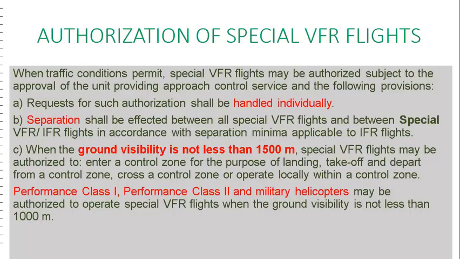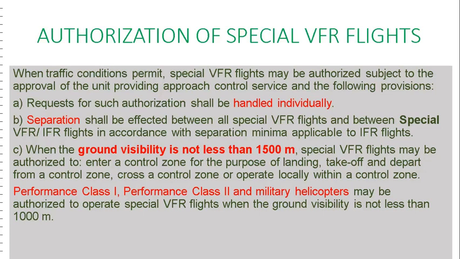When traffic conditions permit, special VFR flights may be authorized, subject to the approval of the unit providing approach control service. Earlier I mentioned that the aerodrome control tower itself cannot authorize you to operate as a special VFR flight. If you are on the ground, you will be in contact with the aerodrome control tower, but the tower has to take approval from the approach control service.